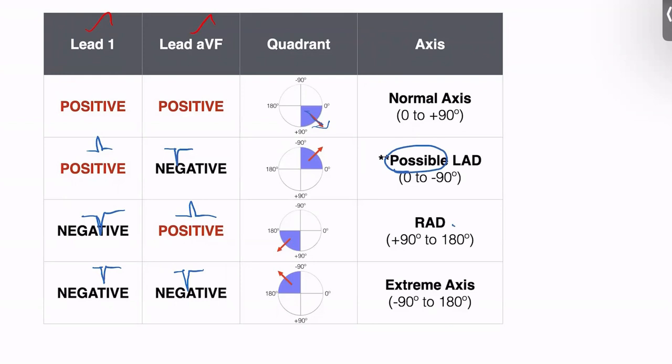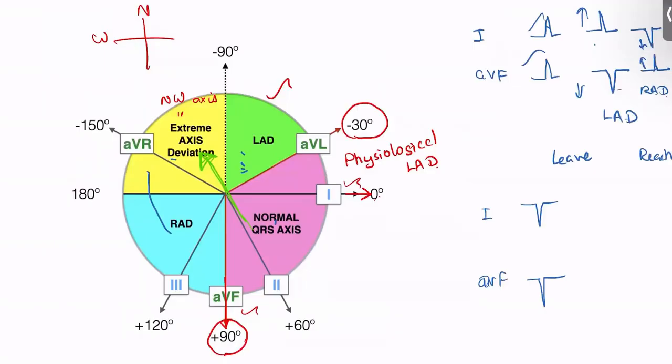We use possible LAD because there is physiological LAD and pathological LAD. Physiological LAD is what we call within the normal axis. So we cannot distinguish physiological LAD and pathological LAD, that is between 0 to -30 and -30 to -90 degrees, by the quadrant method.